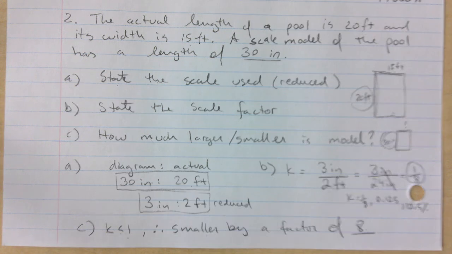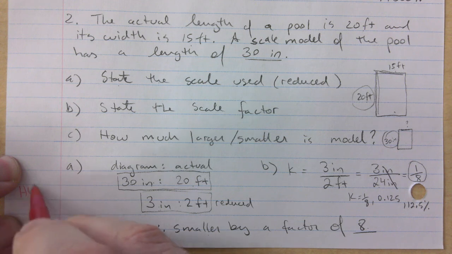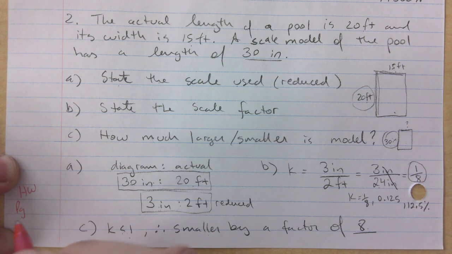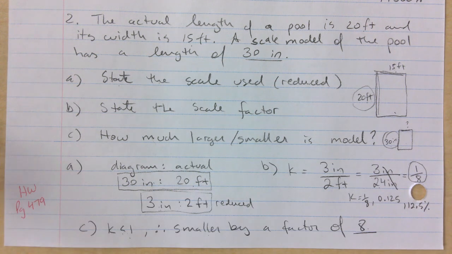All right, I'm going to stop there and just give you the homework for this section. So we're going to go back to page 479, which I already gave you two questions from that section already.